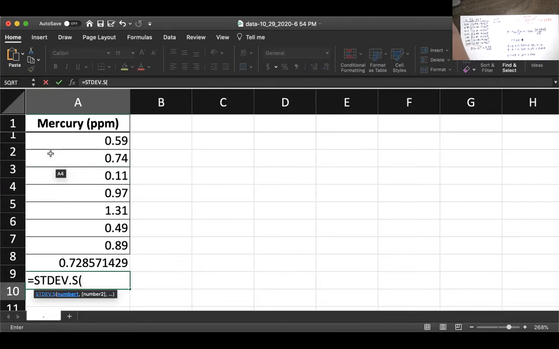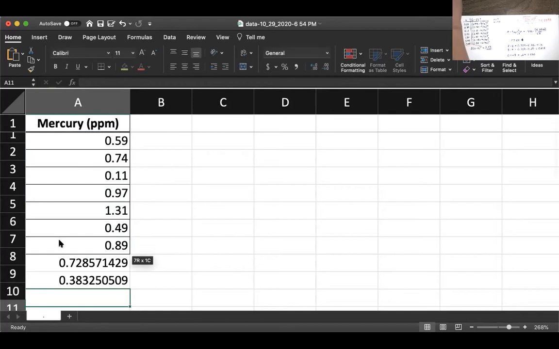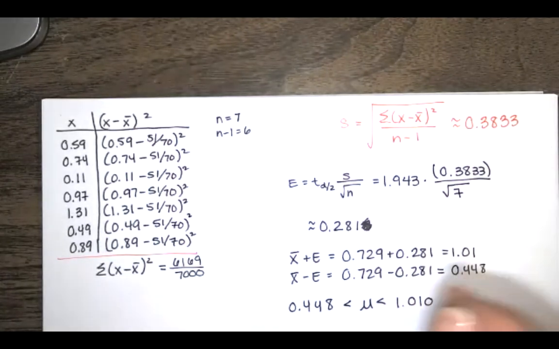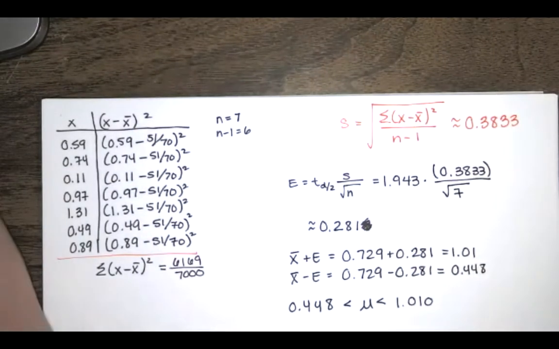And we got 0.383. Notice that that's the same thing that I got when I did this calculation by hand. So the hand calculations and Excel are agreeing, which is fantastic.